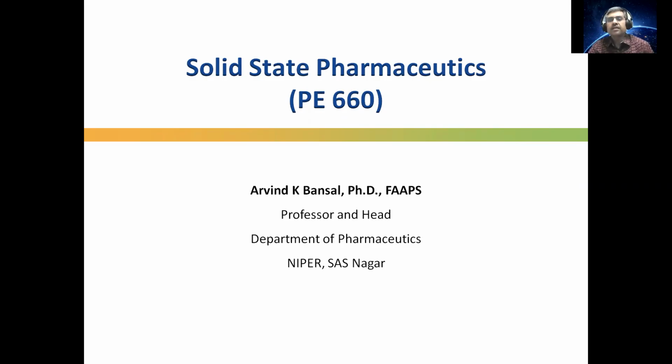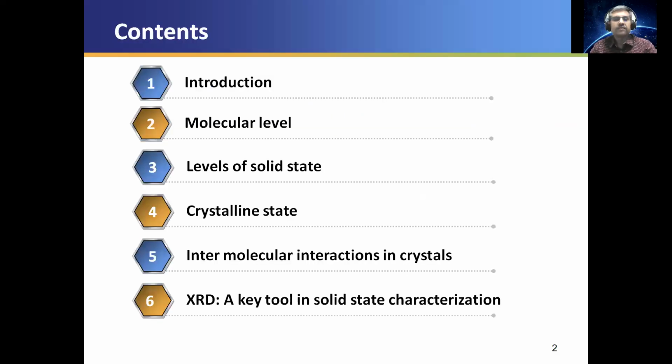Pharmaceutics is the way the drug product design is carried out, and what are the characteristics and the performance criteria for the drug product are studied in the course of pharmaceutics. So when we combine these two aspects, that is solid state and pharmaceutics, we are going to understand how the solid state behavior impacts the pharmaceutical behavior in this coursework of solid state pharmaceutics.